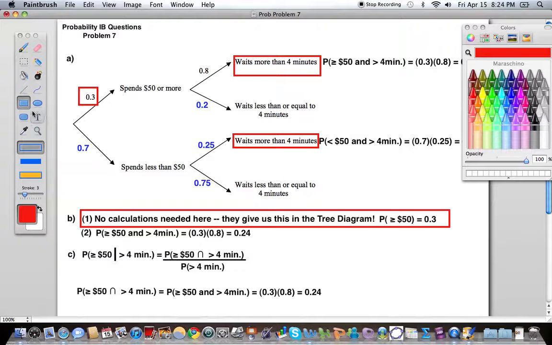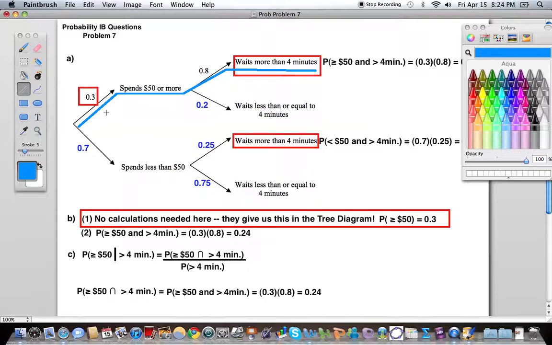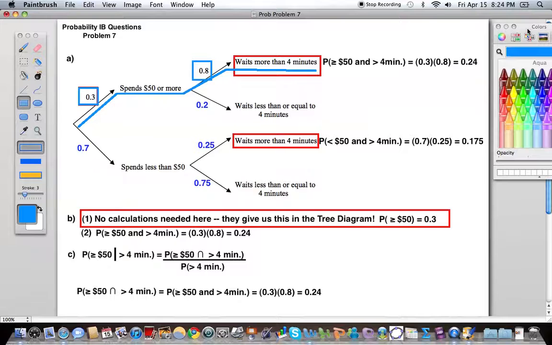So we know that we're focusing on this path right here, which means that we are going to be multiplying our probabilities that a customer spends $50 or more and waits more than 4 minutes in order to find the probability that a customer is waiting for more than 4 minutes and spending $50 or more. By multiplying 3/10 and 8/10, we find 24/100ths.